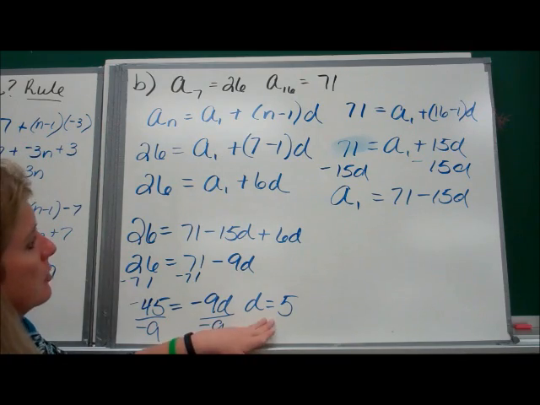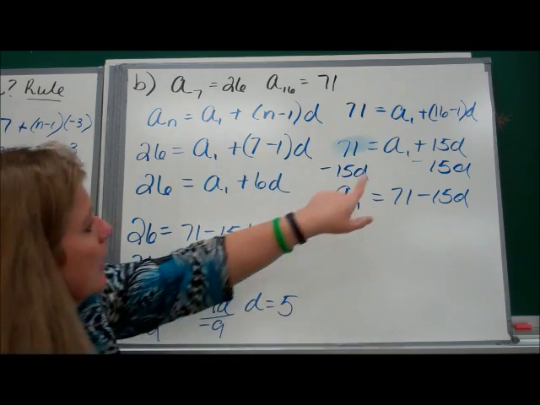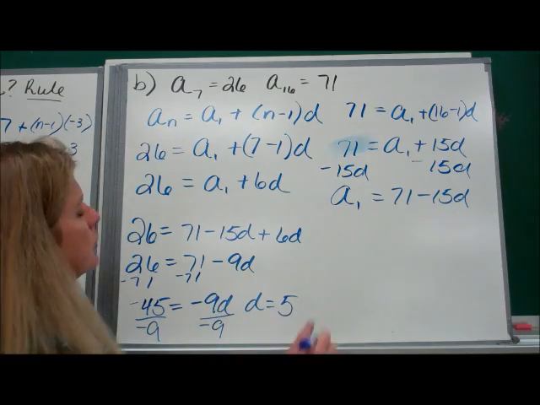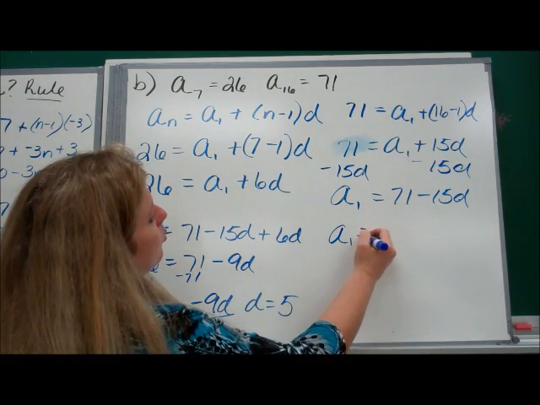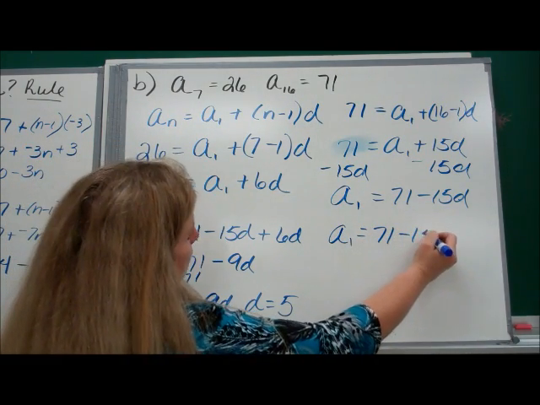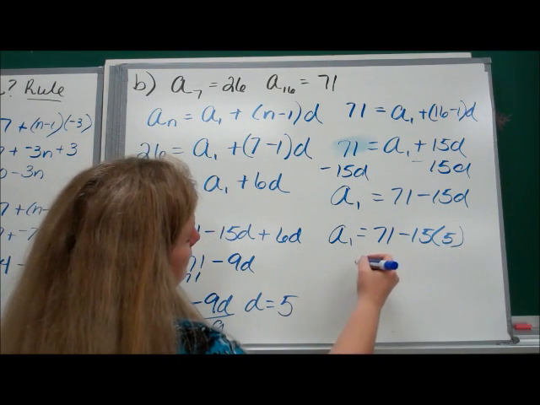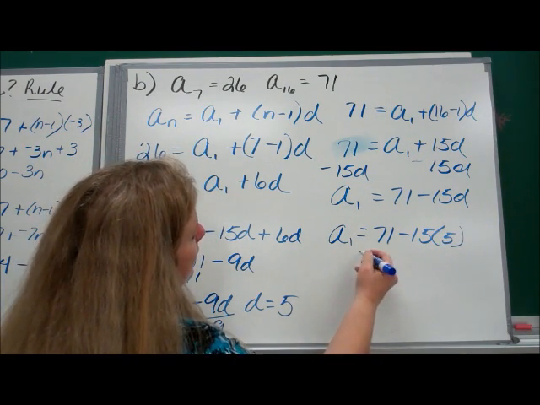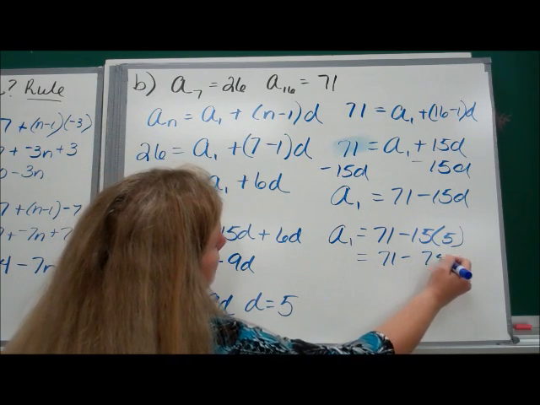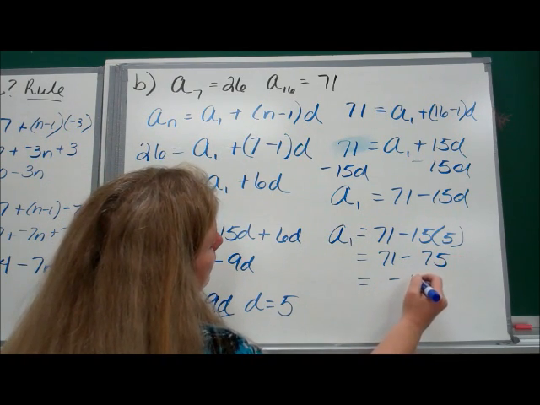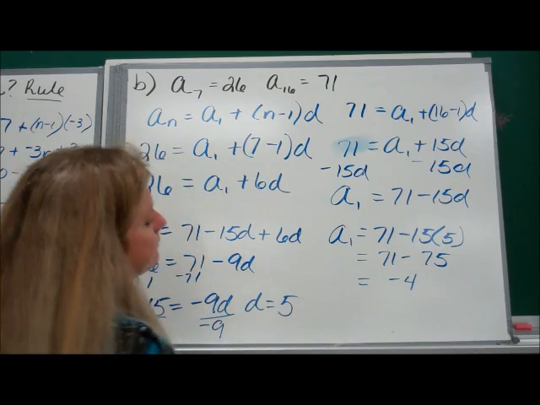There's d. Now I can use it to find the first term. a sub 1 equals 71 minus 15 times 5, which is 75. 71 minus 75 is negative 4.